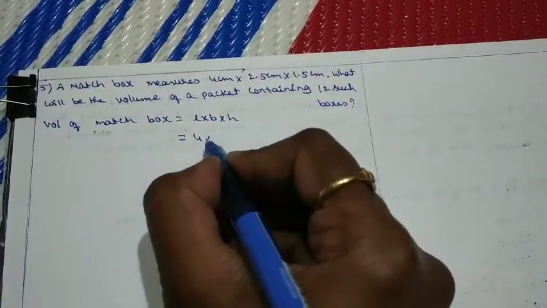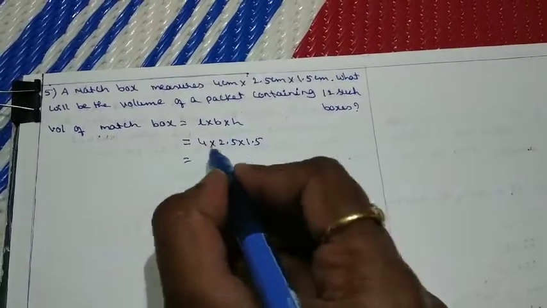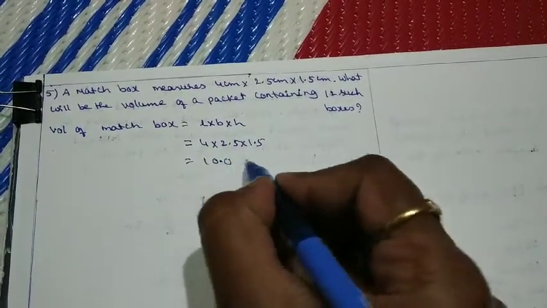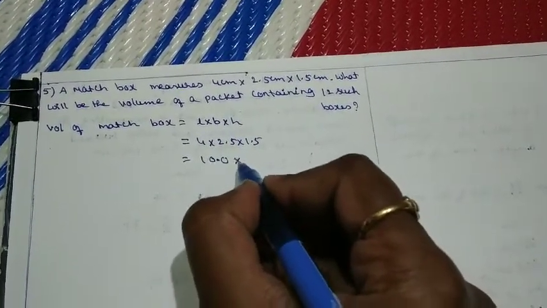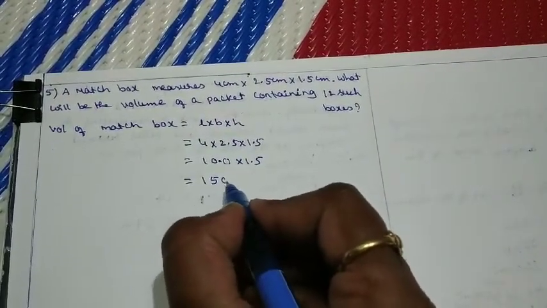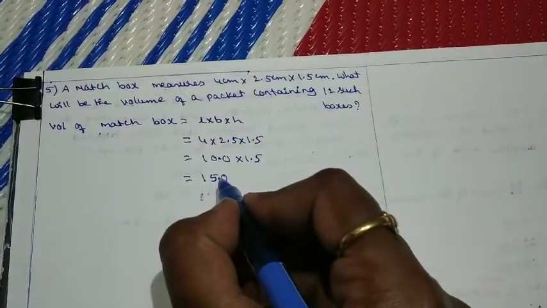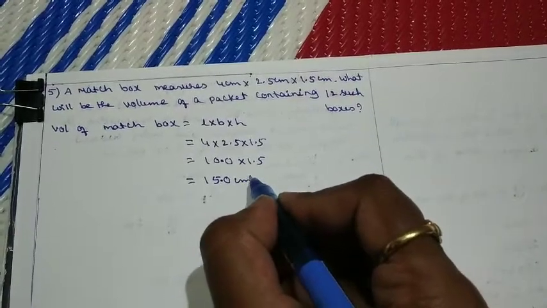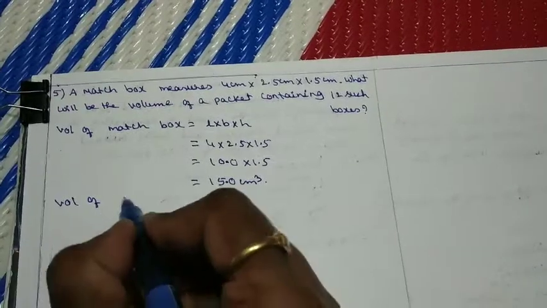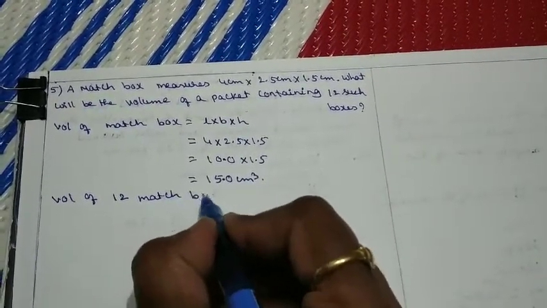So 4 × 2.5 × 1.5. We know that 25 fours are 100, and after the point we have one digit, therefore 10.0 × 1.5. We know that 15 tens are 150, and after the point we have only one digit, therefore 15 cm³. But here he is asking for the volume of 12 such boxes, since one packet consists of 12 boxes.